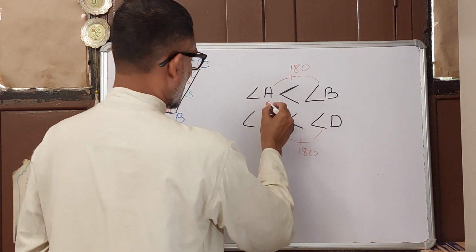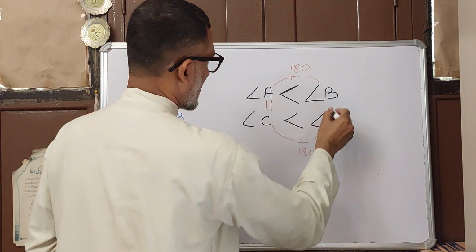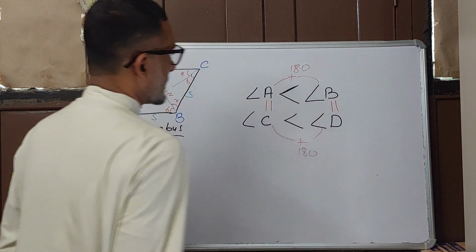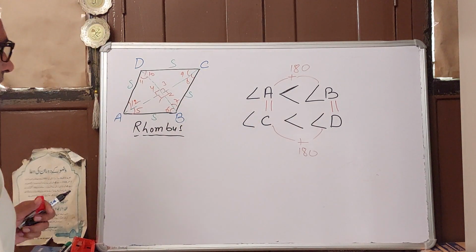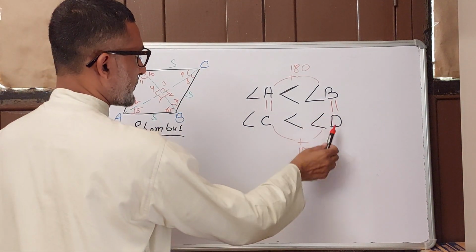Angle A is equal to C and angle B is equal to D.